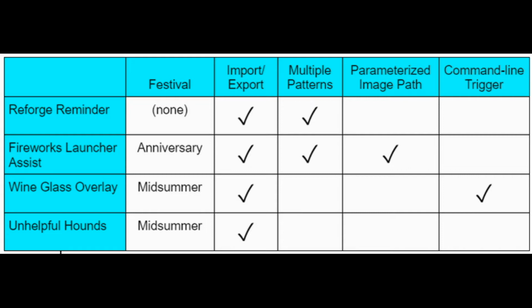the new features and also how they map to the use cases. Of the four use cases, one of them is useful all year round, and that is the Reforge reminders. That's a use case where when you attain a level, a character level that makes you available for a Reforge, then some sort of graphic or text comes up automatically to let you know.